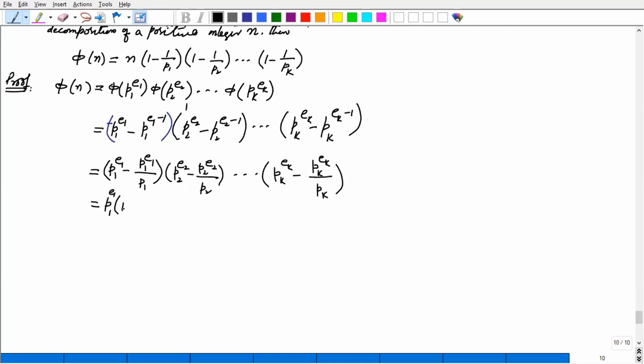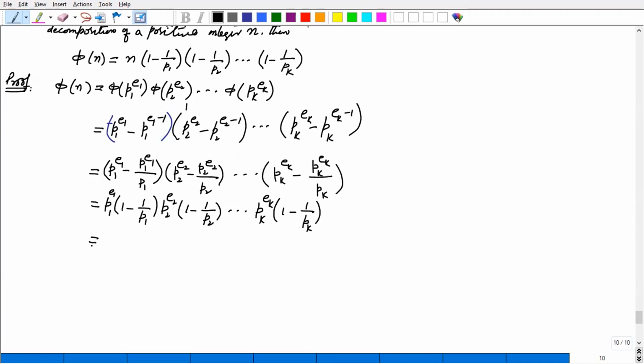So first factor will be 1 minus 1 over p1, and then p2 to the power e2 can be taken as common from the second factor. So 1 minus 1 over p2, till pk to the power ek is common from the last factor. So this is 1 over pk.